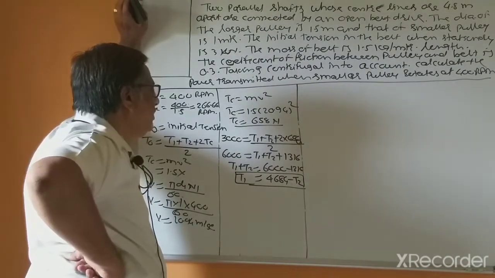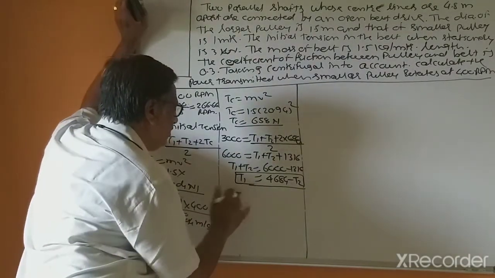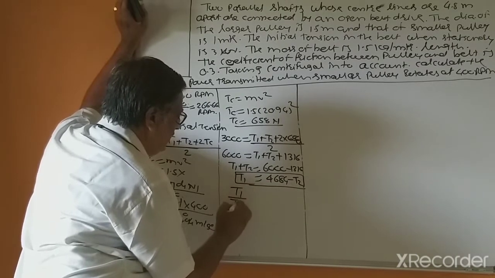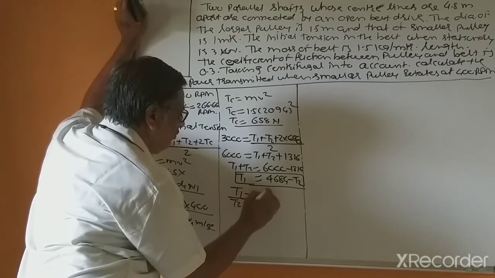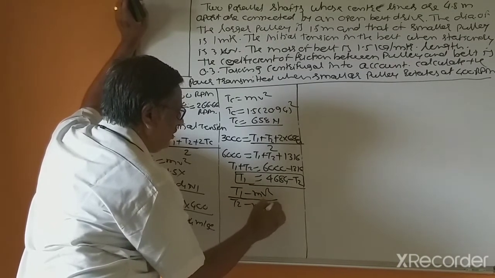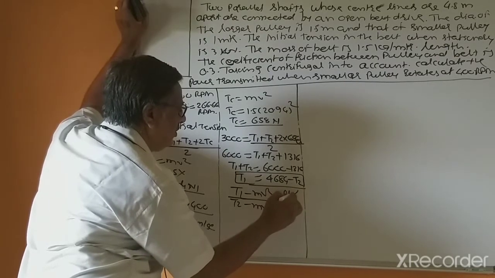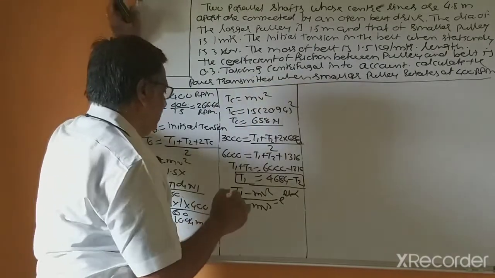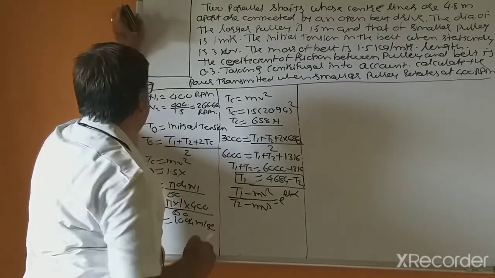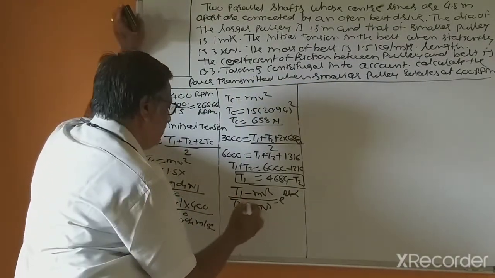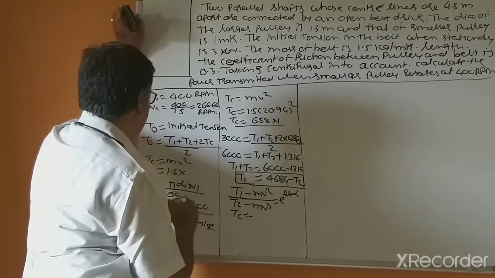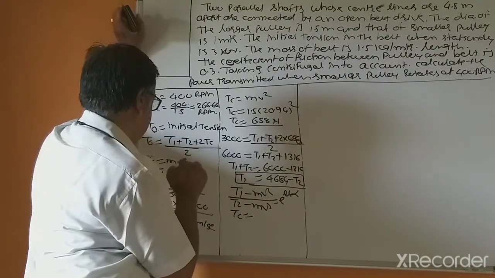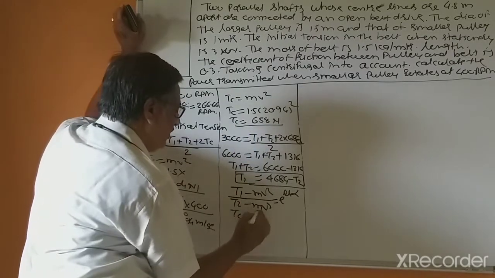Another relation you can use here, that is (T1 minus mv squared) divided by (T2 minus mv squared) equal to e to the power mu alpha. So mv squared equal to TC, already calculated, TC equal to 658 Newton.